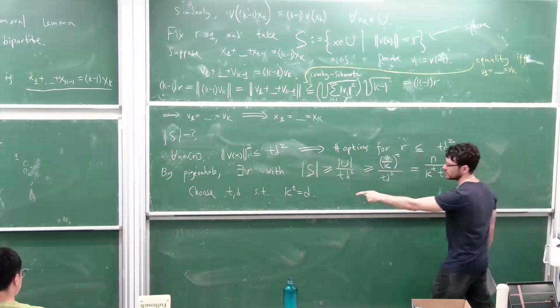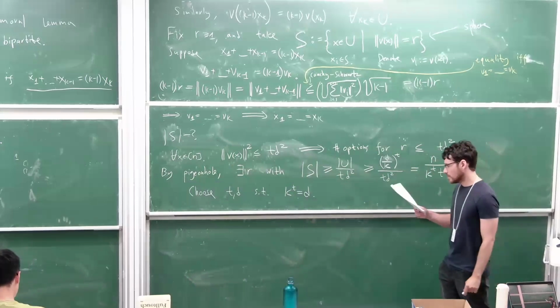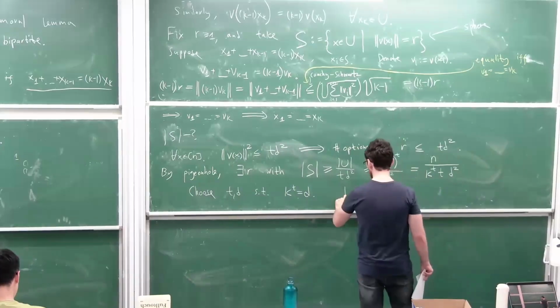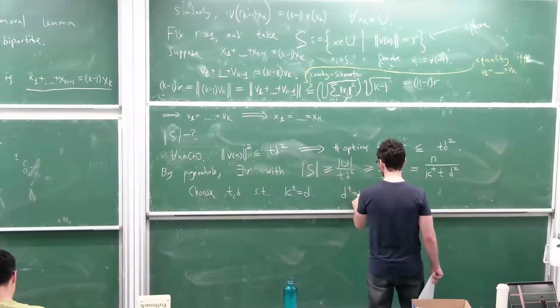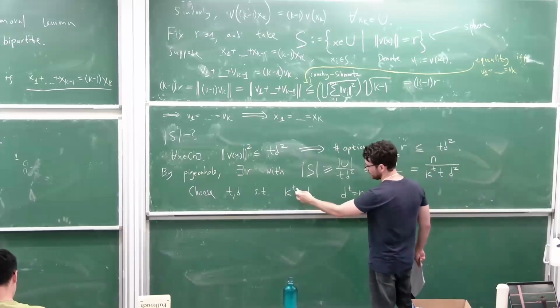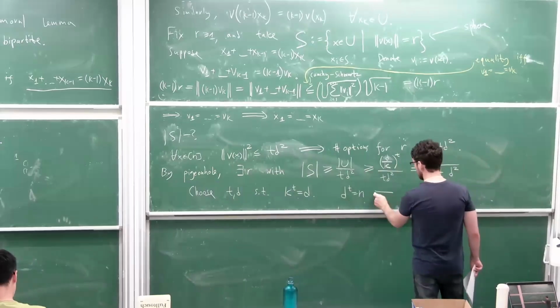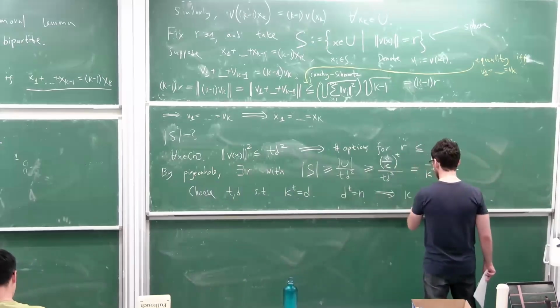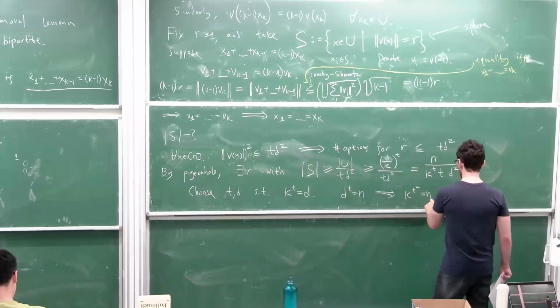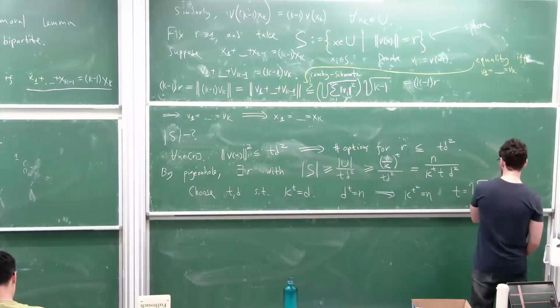Let's just say K to D. We also know that T to the T is N. So now we have two equations we can solve for T and T. Let's see what those are. So this means that K to the T squared is N. So T is square root log N over log K.